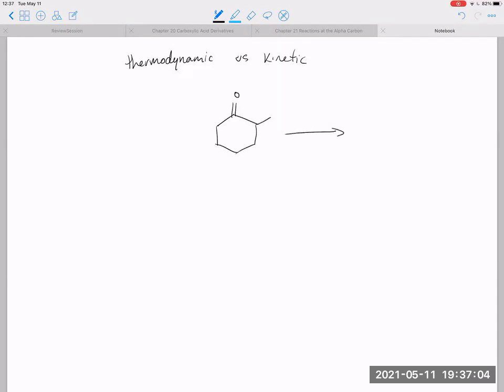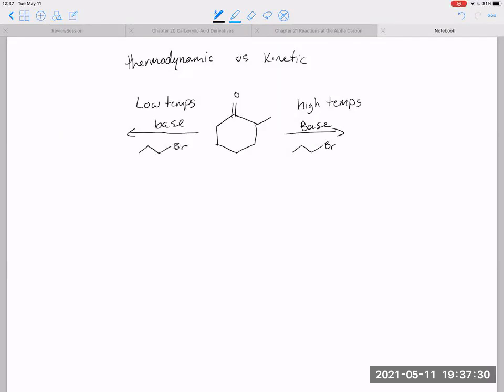The difference here is I'm going to have high temps, base, and then, I don't know, some alkyl halide. This is going to be low temps, base, and that same alkyl halide.